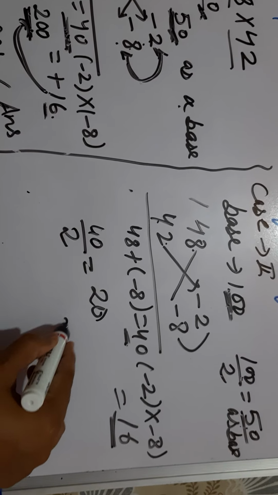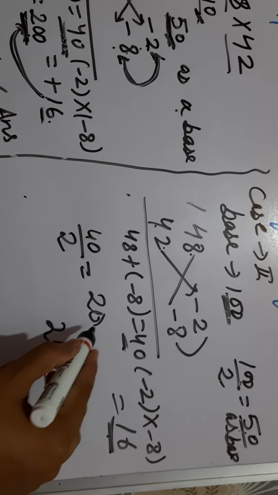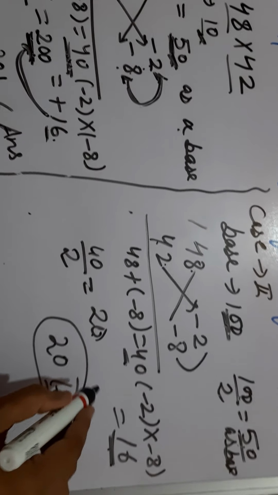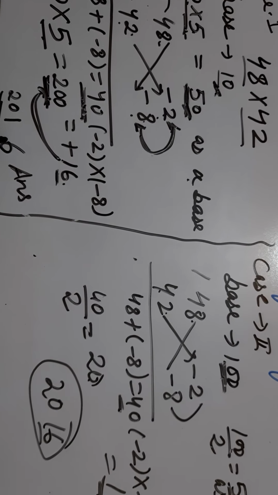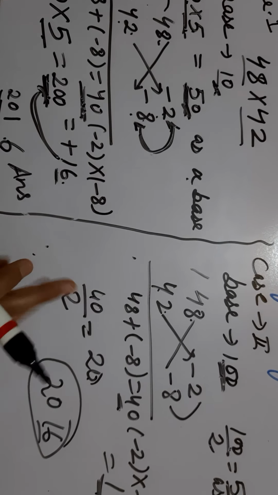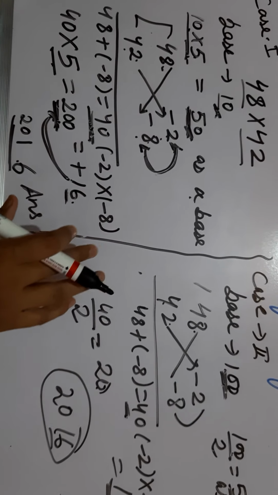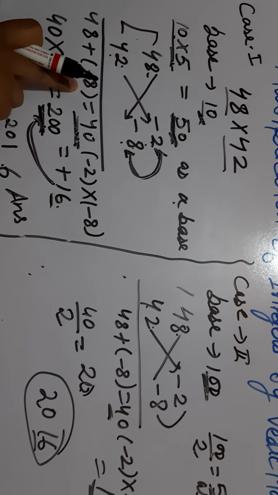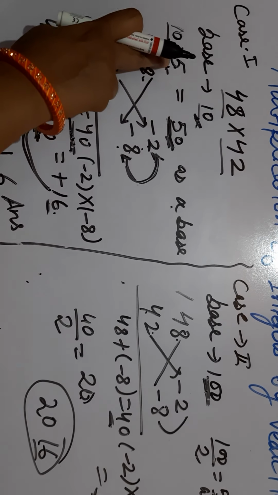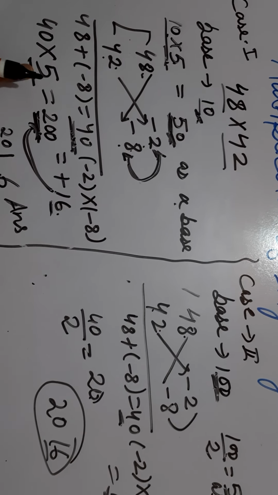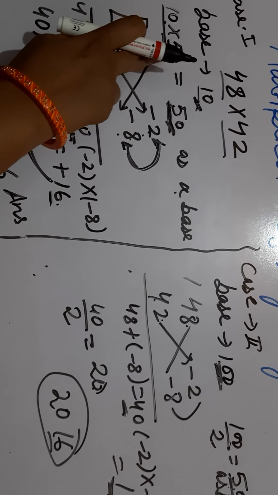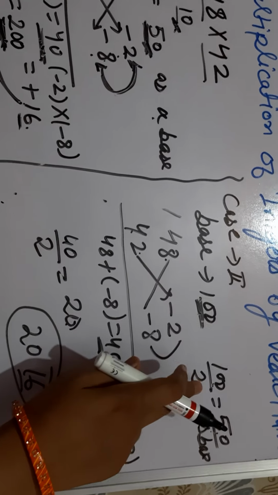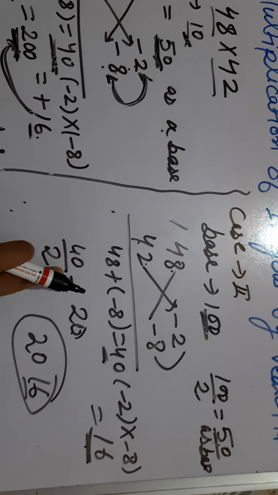So write two digits of this and this 20. The answer is similar to case 1. Okay, so whatever method you want to use, you can use. But after the addition operation, whatever you apply on the actual base, you have to apply here. We here multiply by 5 and here we divide by 2. Thank you.